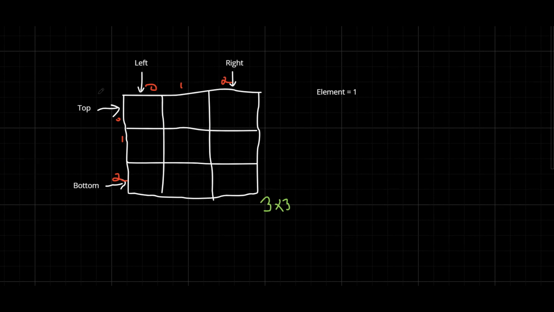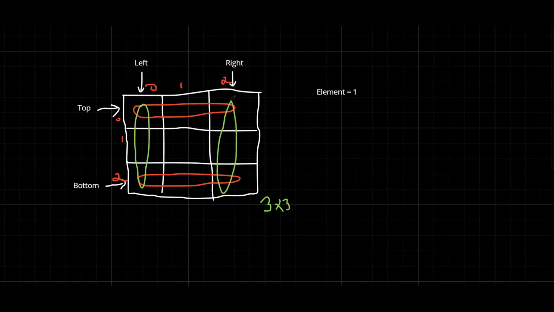At first, the top pointer will indicate the top row. The bottom pointer will indicate the bottom row. And the left pointer will indicate the left column. And the right pointer will indicate the right column. And by using these 4 pointers, we will solve the problem.